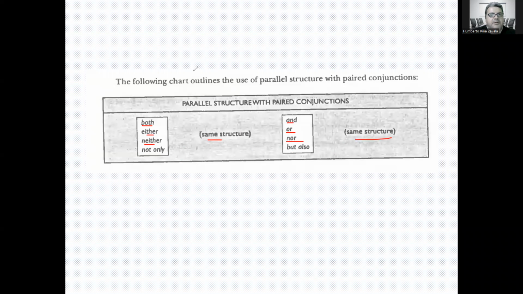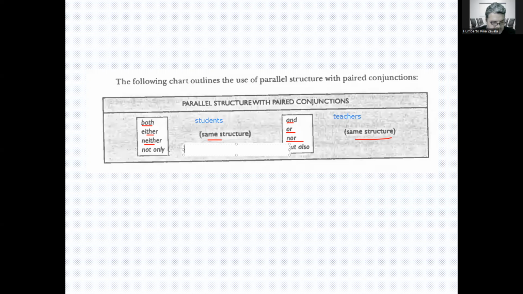Whatever you want to say, it has to be on both parts. Both students and teachers. For example, either students or teachers, neither students nor teachers, not only students, but also teachers.